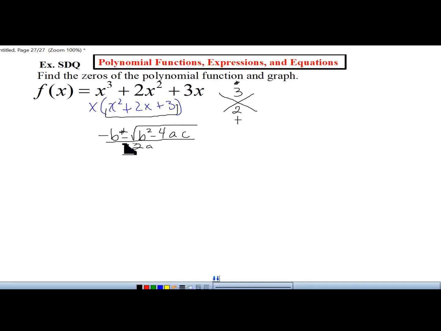Some of you are mouthing, nope. Okay, be nice. Negative parentheses plus minus square root parentheses squared minus 4 parentheses over 2 parentheses. So that means we need values for a, b, and c.